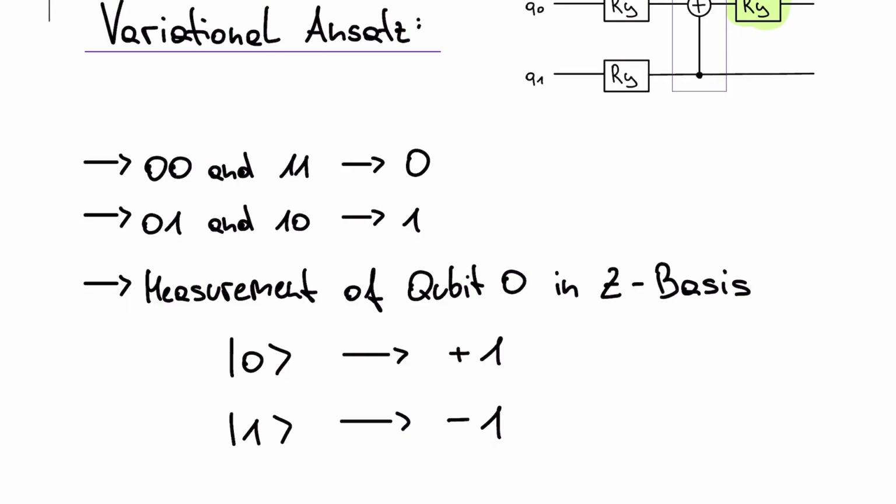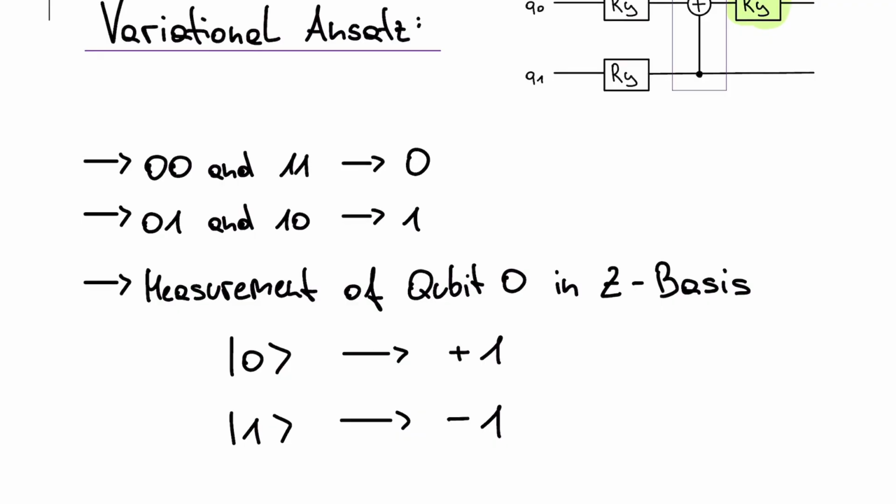When the input is 0,1 or 1,0, the state vector collapses with ideally 100% probability into either 0,0 or 1,0. In both of these, qubit 0 is in state 0, so measurement yields +1.